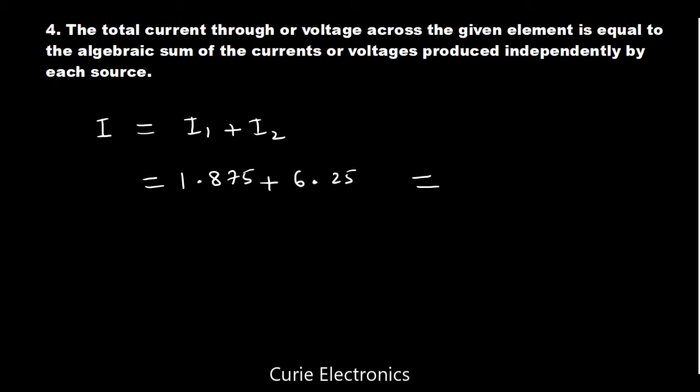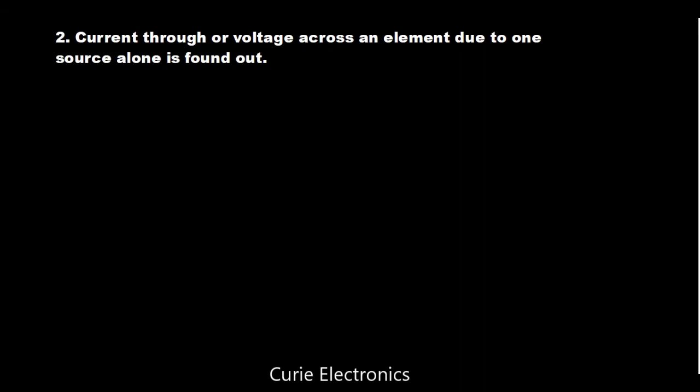If you add these two, we will get 8.125 amps. So by the superposition theorem, we have found the current I equal to 8.125 amps.